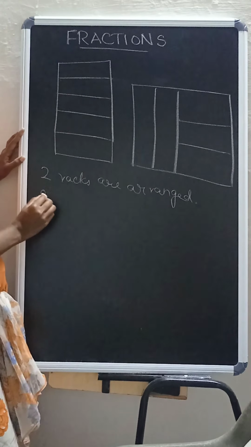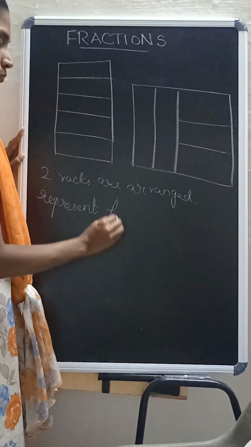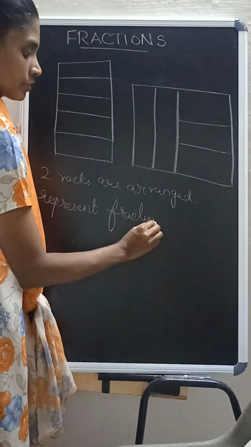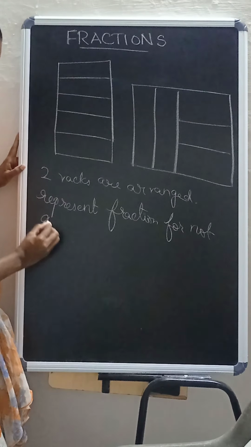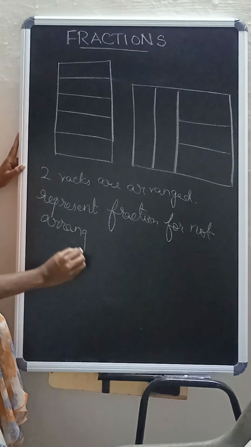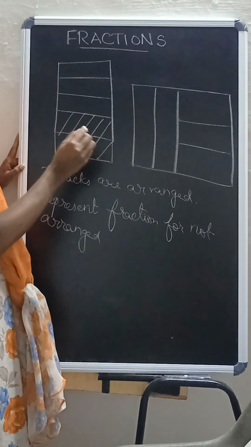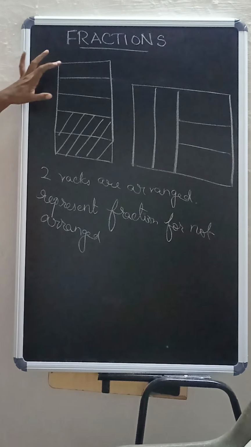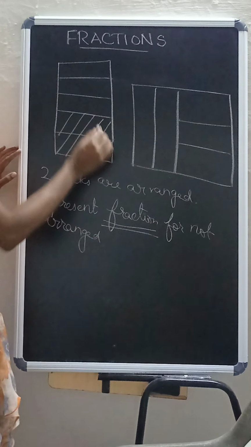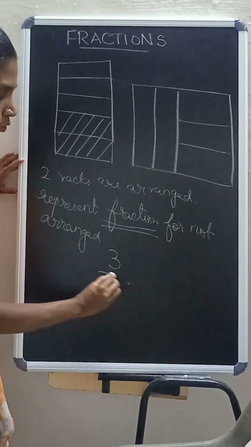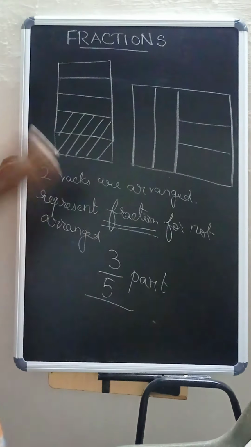Now, represent the fraction for not arranged. So how many racks are not arranged? 3 racks are not arranged. So, how will you represent fraction for that? 3 out of 5 part is not arranged.